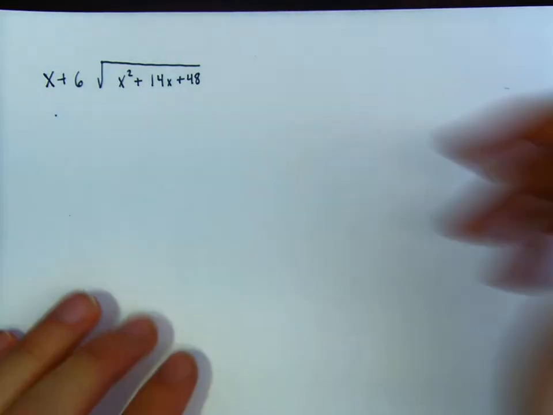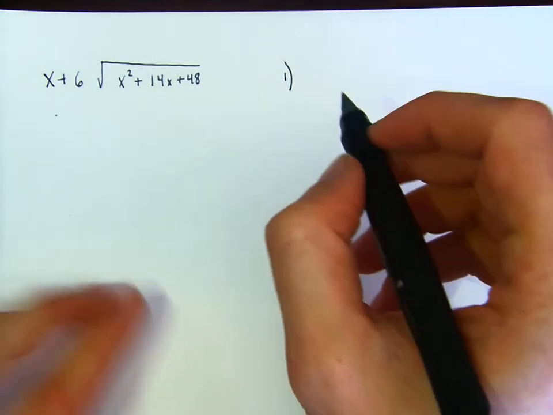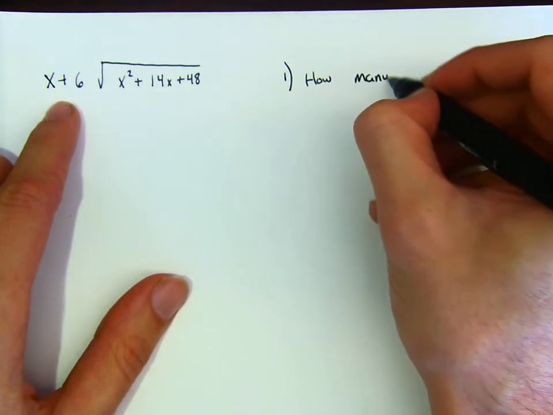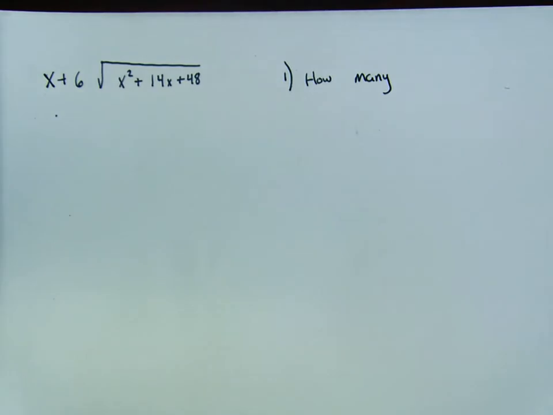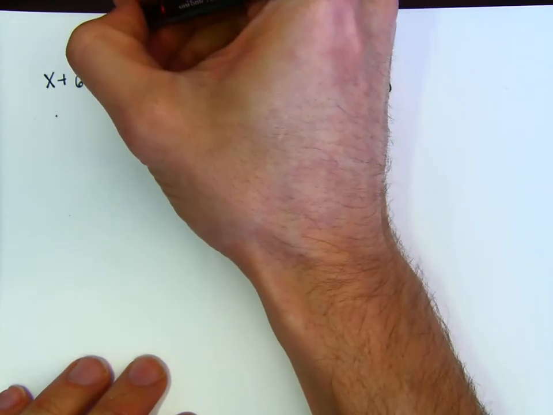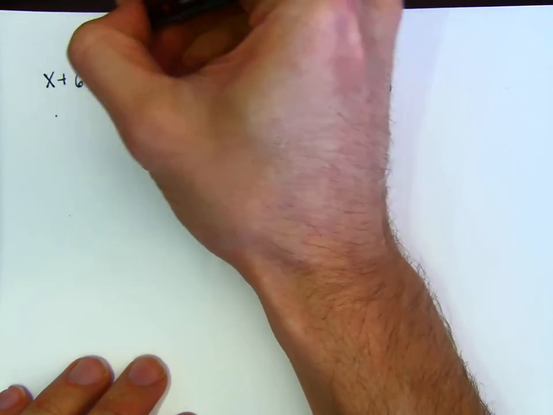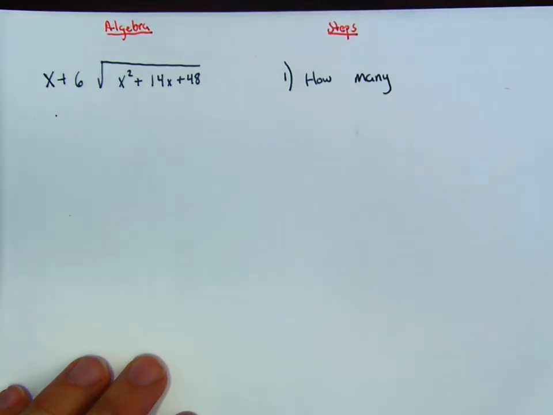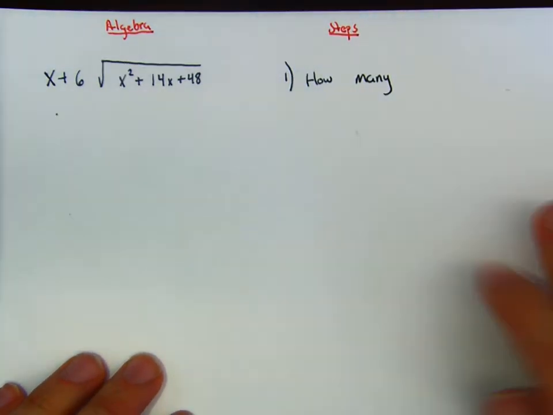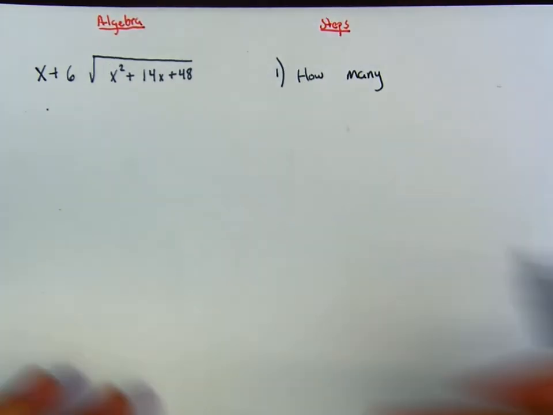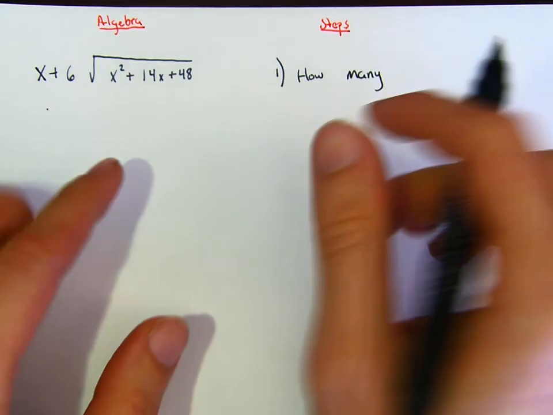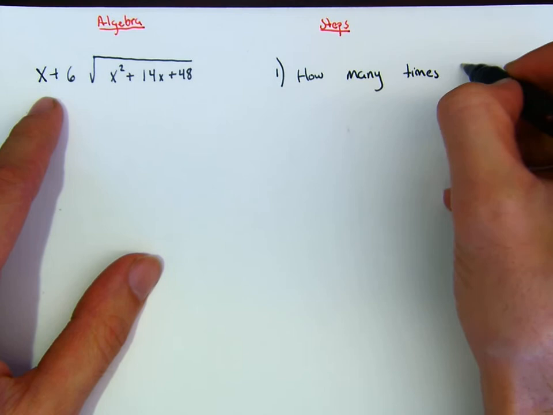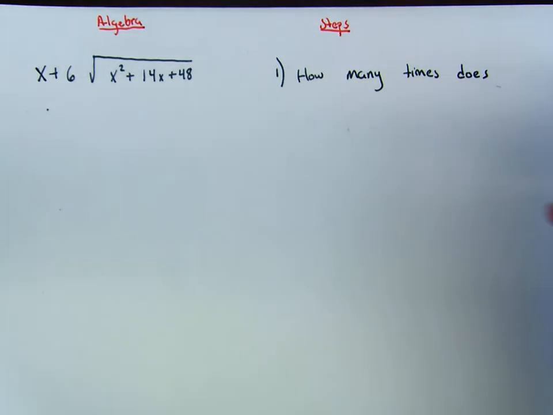So here, the first move you're going to do is say how many times, and when you write your notes, we could show one side as algebra and another side as steps. Writing out the steps will really, really help. So the first rhythm you're going to say is how many times does x, right?